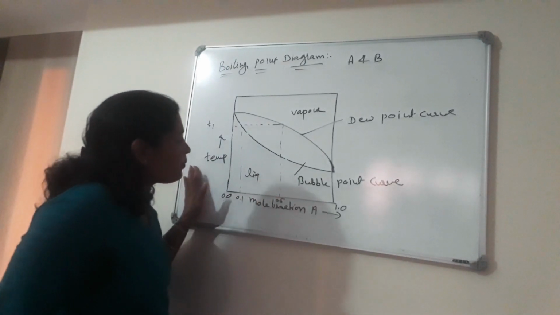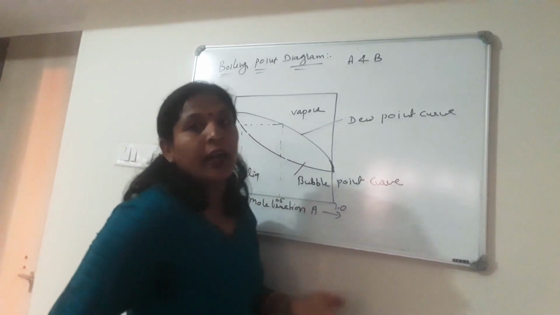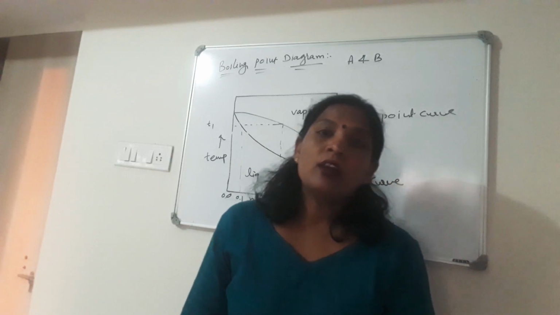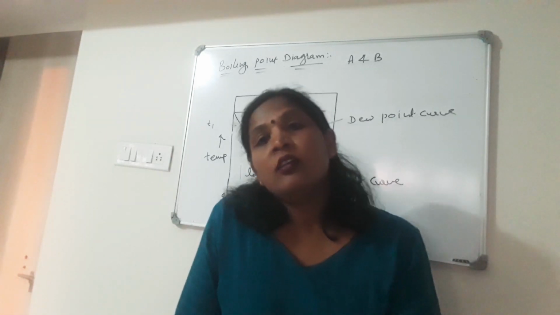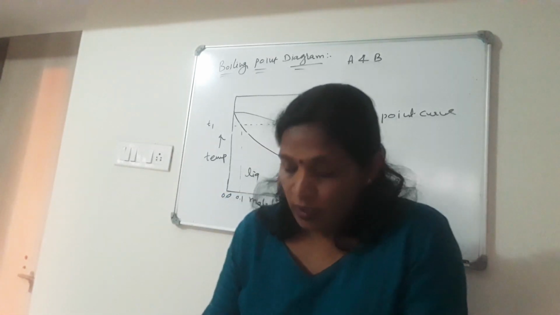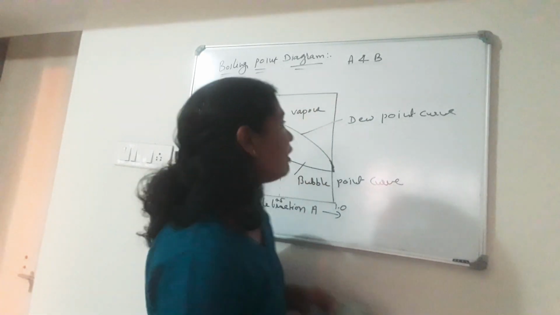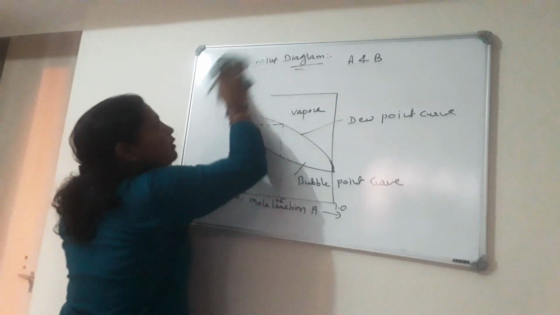So this curve gives us an idea about the composition of the mixture in the vapor phase and liquid phase at a particular temperature. Okay.